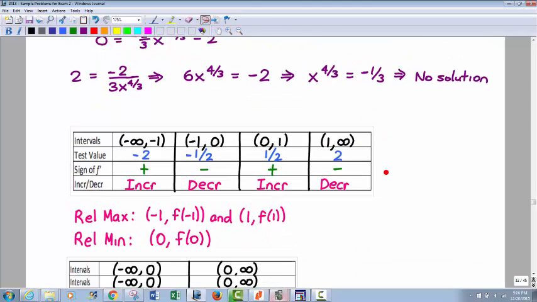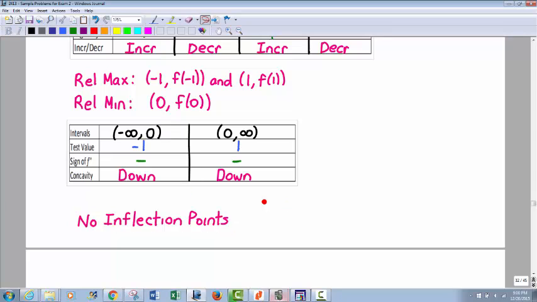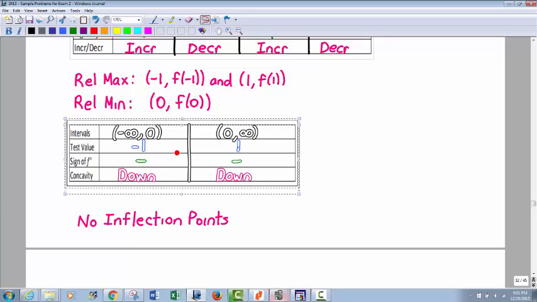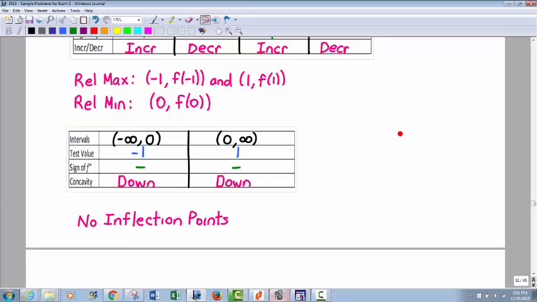So your concavity is down and down again. The fact that it's the same means you didn't change concavity. Therefore, you have no inflection points whatsoever. And there we go.